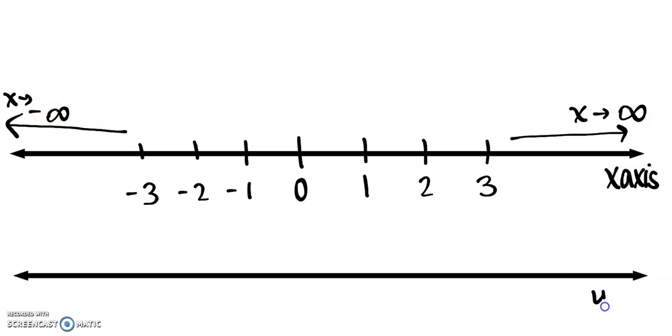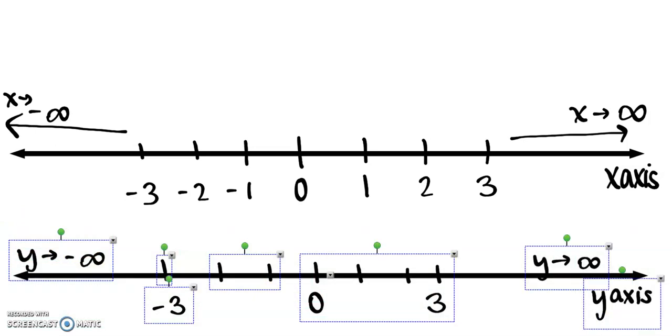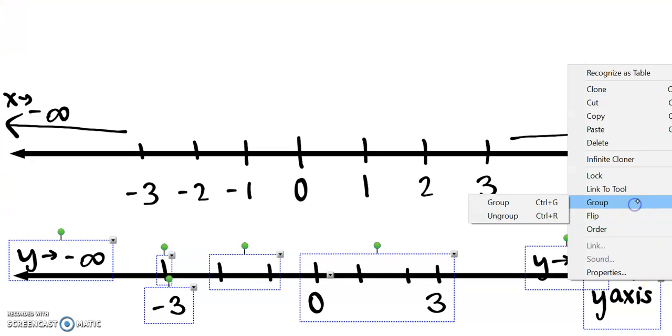Well, the thing is, a y-axis, if I start with 0 and I continue on positively, this would be y going to infinity. This direction then would be y going to negative infinity. And the beauty of our coordinate system is that, let's see if I can get this all grouped together. There we go.